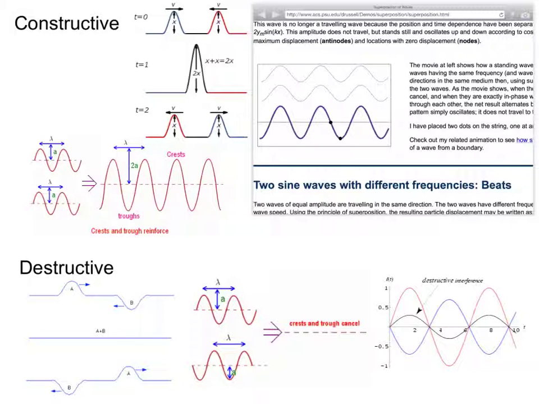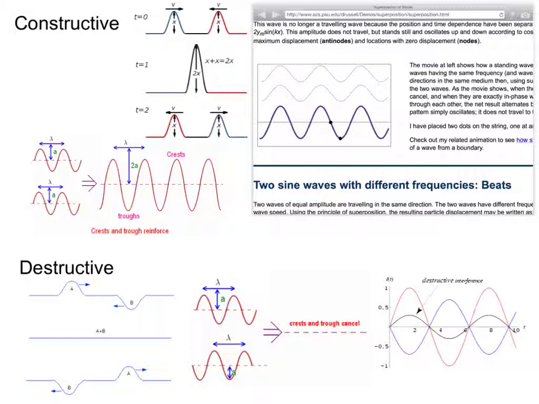Now, this idea of interference is very, very important, and we use it in so many different applications. For example, in acoustics, whenever you set up speakers, let's say you set up two speakers. These speakers are pumping out two waves that are identical, but depending upon something called path difference, which we're going to get to, you could have constructive and destructive interference occurring around the room.